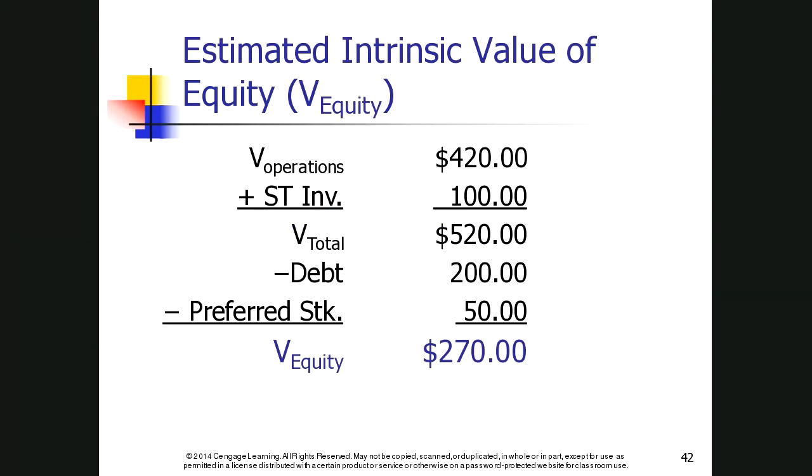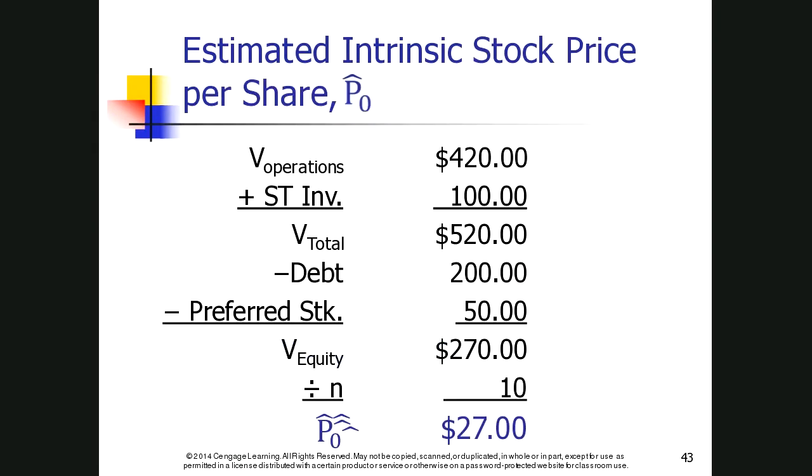Now we start with the 520 and subtract the debt value 200 million, subtract the preferred stock 50 million. The rest of it is the value of the equity. So you take the total value of equity, divide by the 10 million outstanding, you get $27 per share. So this is the rationale of evaluating the stock price through discounted free cash flow.